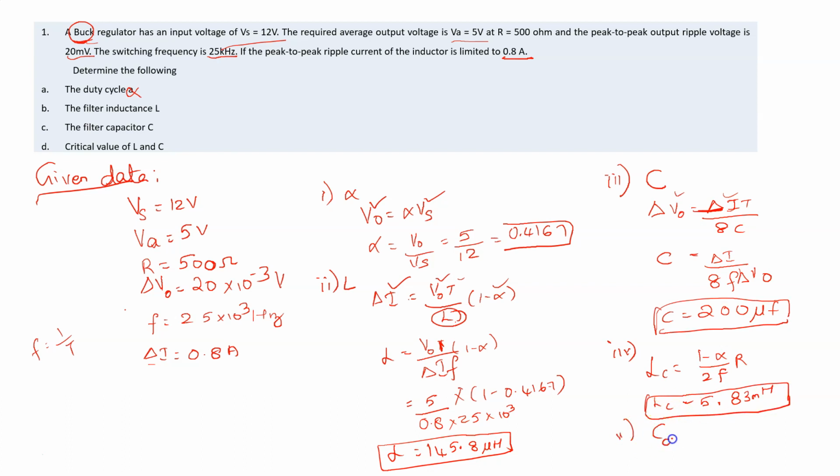Final one, the critical value of capacitance. That will be 1 minus alpha by 16 L F square. Substituting all these values, it is equal to 0.4 microfarad. So the critical value of capacitance will be 0.4 microfarad.